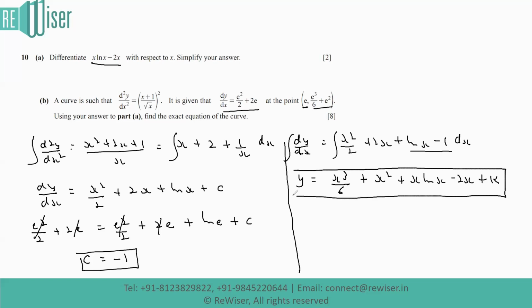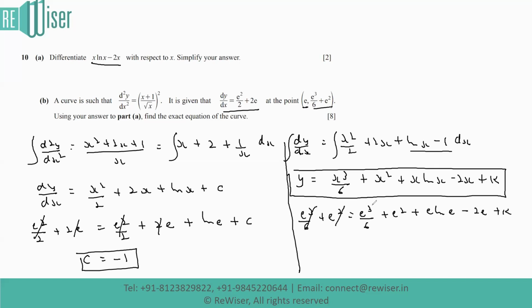Again, the x and y coordinates should satisfy this. So we get e cubed over 6 plus e squared equal to e cubed over 6 plus e squared plus e ln e minus 2e, plus k.